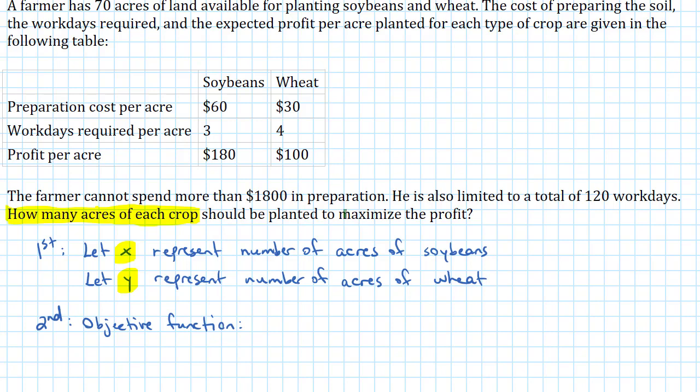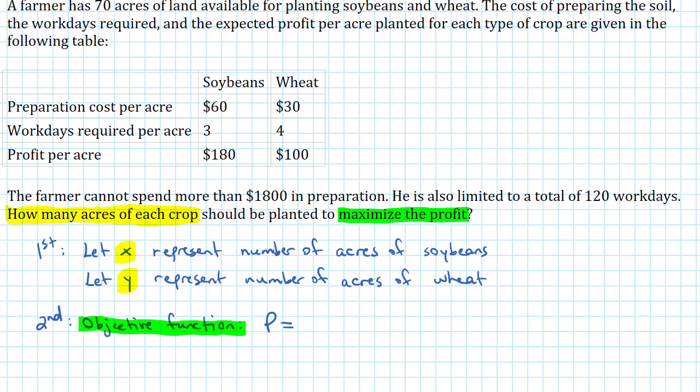So in this problem, when we read it, we're looking to maximize profit. Okay? So in this case, the objective function, we might use P for profit. And so we have to read through the problem and discover a formula for calculating how much profit.